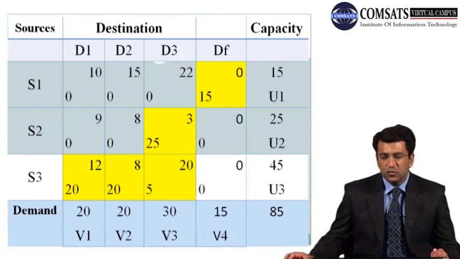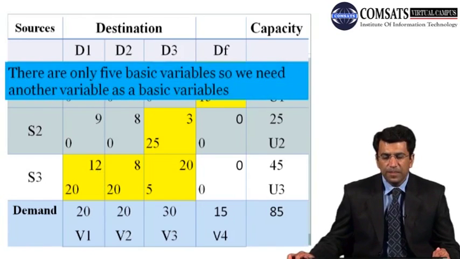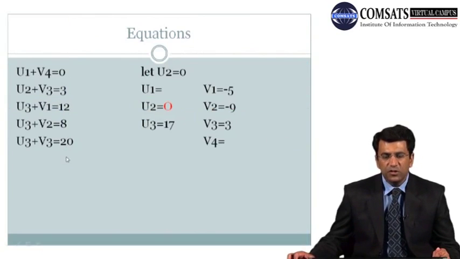Again class, you know how we can form the different equations. u1 plus v4 is equal to 0 here, so this can be our first equation. Similarly u2 plus v3 is 3 here, this is our second equation. u3 plus v3 is equal to 20, third equation. u3 plus v2 is equal to 8, fourth equation. u3 plus v1 is equal to 12, that is our fifth equation. So these are 5 equations.